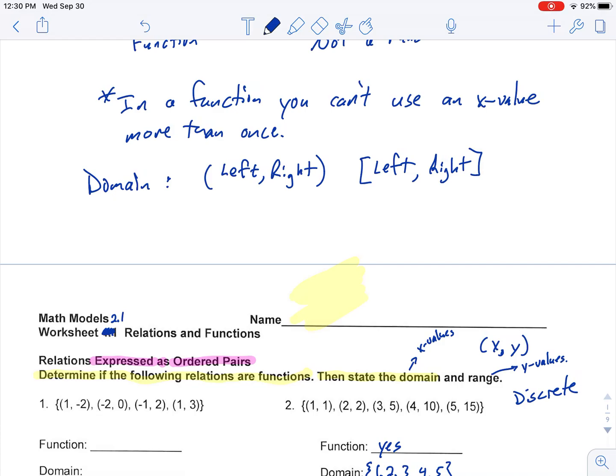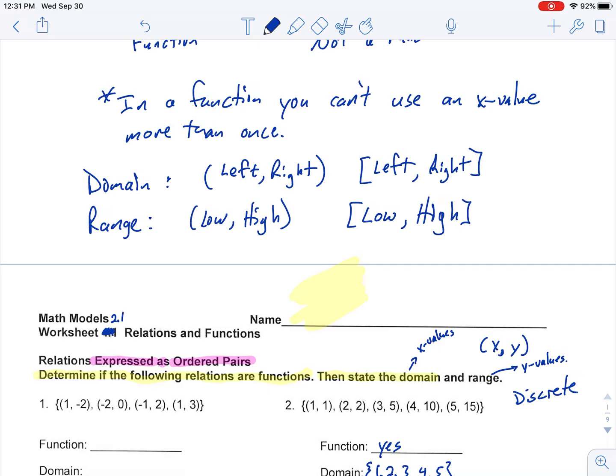And then the range is low to high, or possibly bracket low to high. So infinity always gets a parenthesis. There's other times you can use parentheses. If it comes up, I'll let you know.